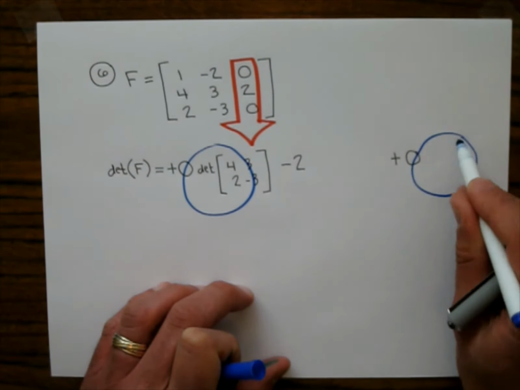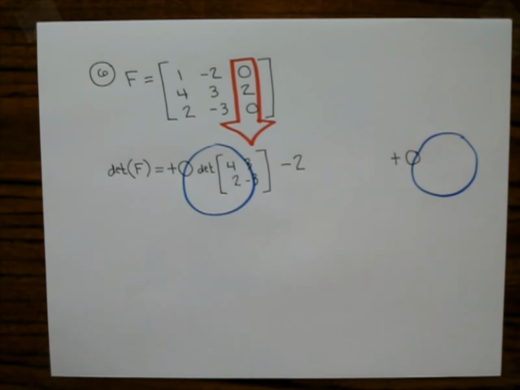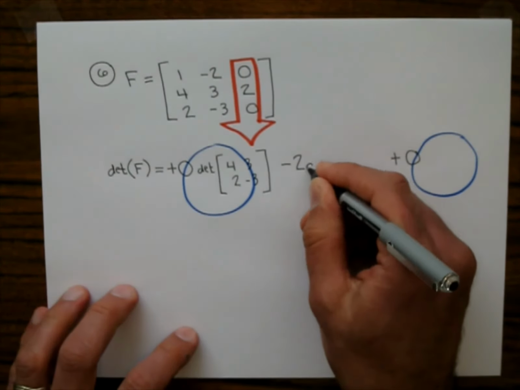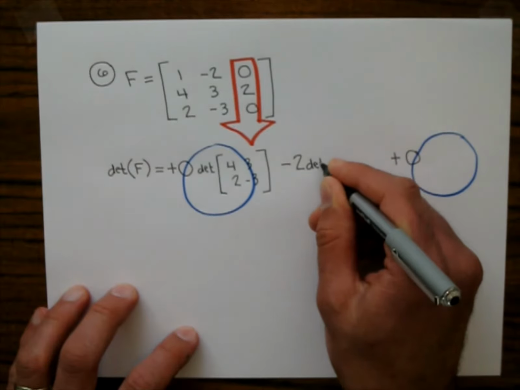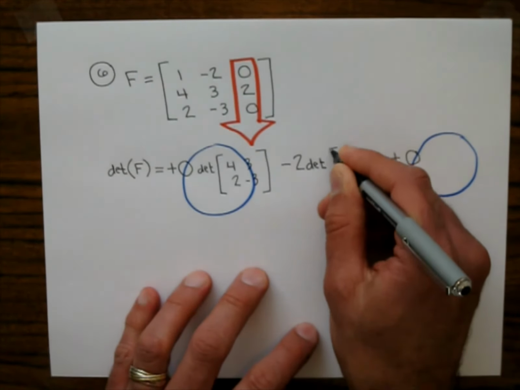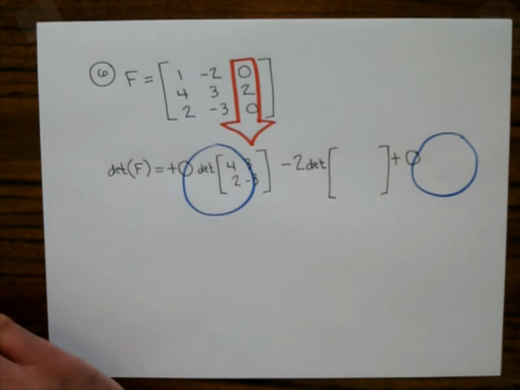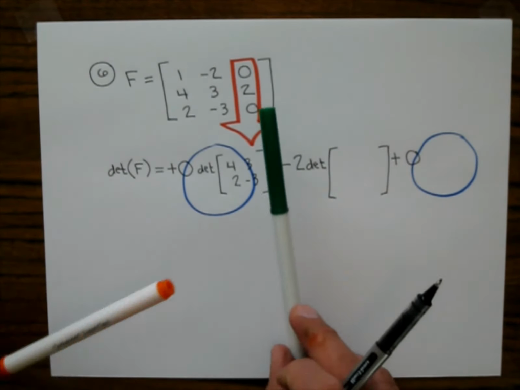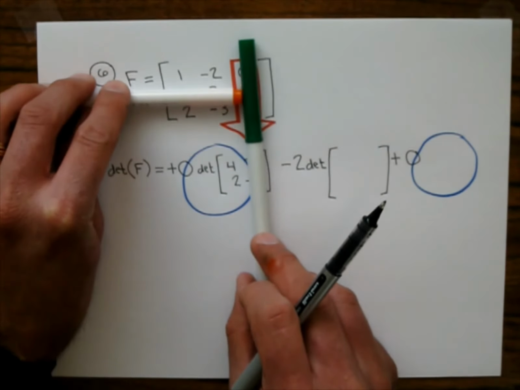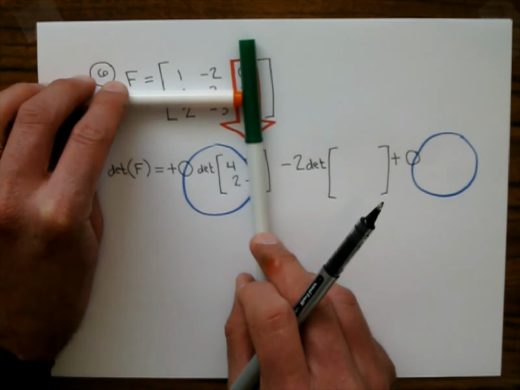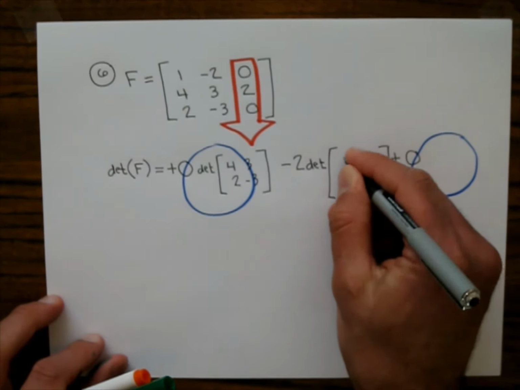So I'm not even going to write down what we were calling the minors. All we have to do is write out the determinant of this middle guy here, gotten by covering up the row and the column that have that 2 in it. So it looks like it's going to be 1, negative 2, 2, negative 3.